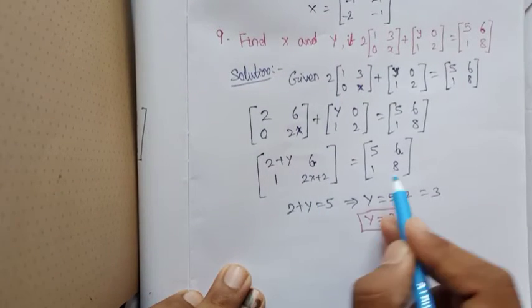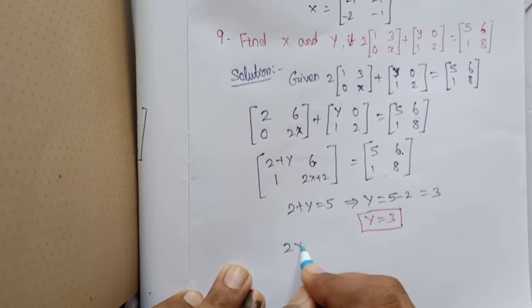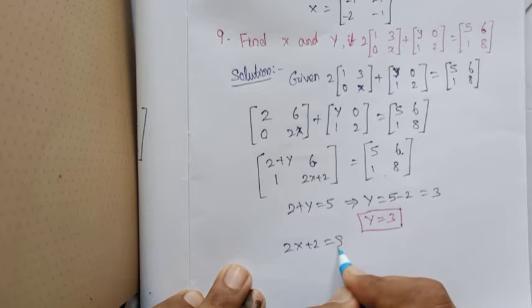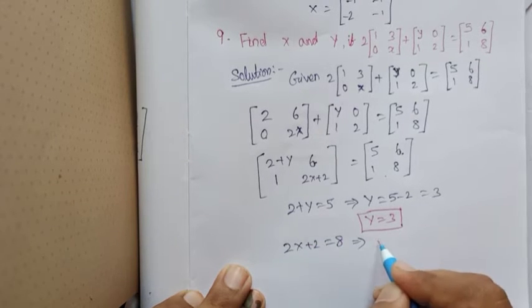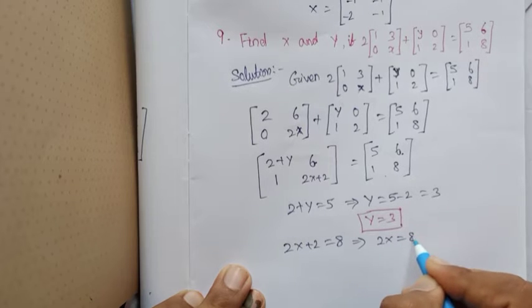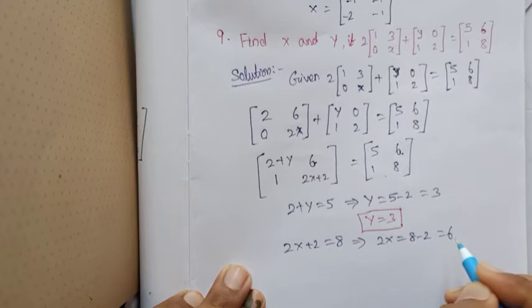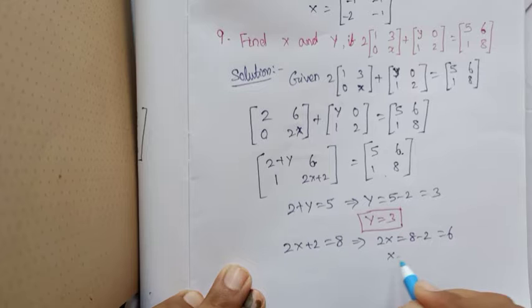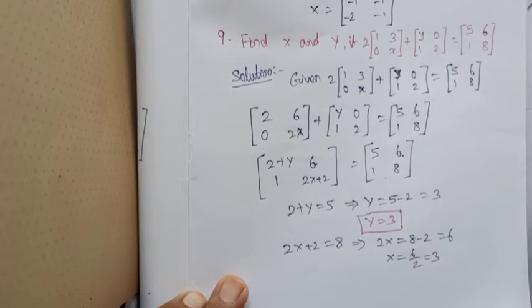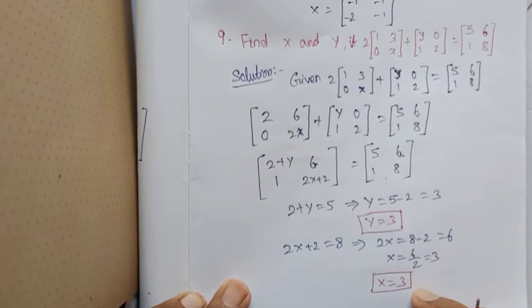Comparing this element, 2x plus 2 is equal to 8, which implies 2x is equal to 8 minus 2, we get 6. And x is equal to 6 by 2, which is equal to 3. So x equals 3. So the x and y values are the same.